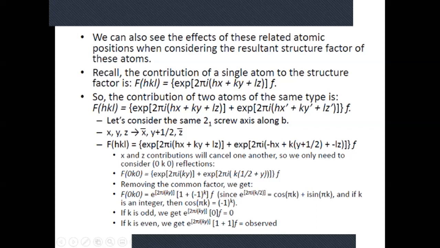So again, if k is odd, we get 0, so that means that this is 0, so it's not present. If it's even, we get observed.